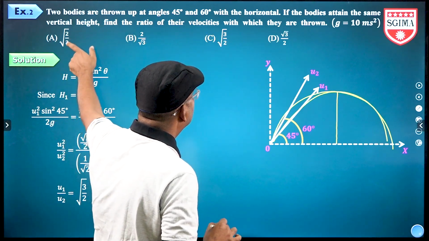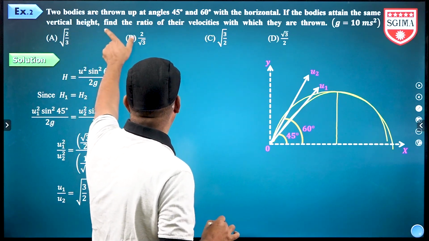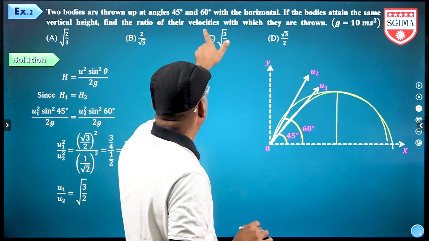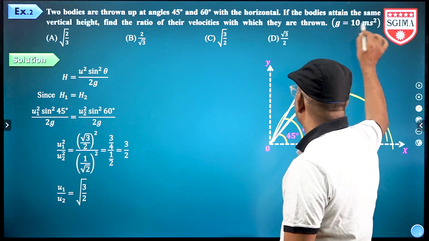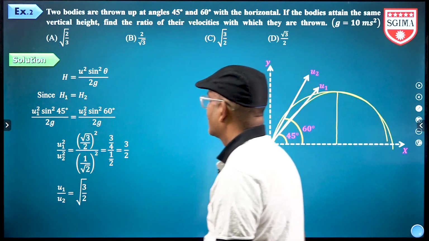If the bodies attain the same vertical height, find the ratio of velocities with which they are thrown. The vertical height is the same for both. H is equal to u square sin square theta by 2g. Here h1 is equal to h2, and g is 10 meters per second square.